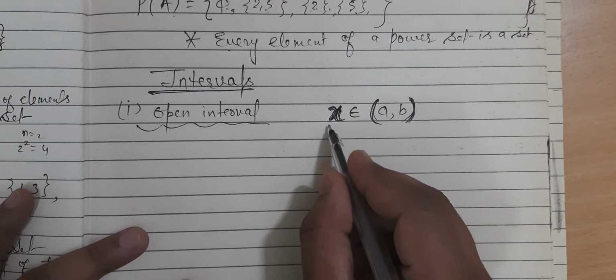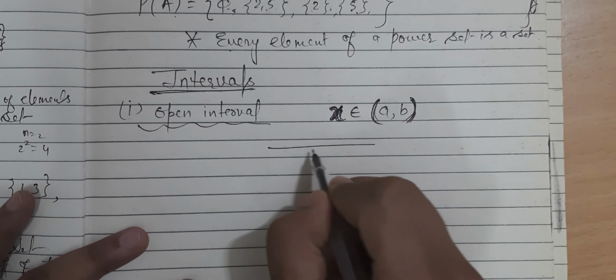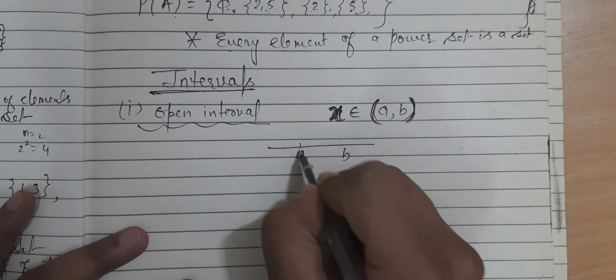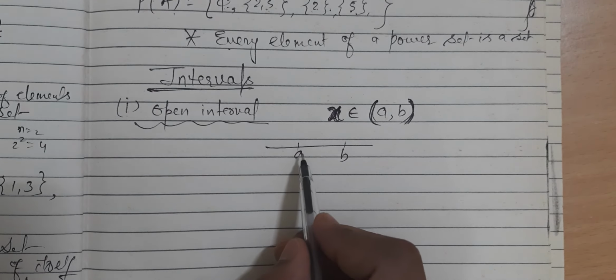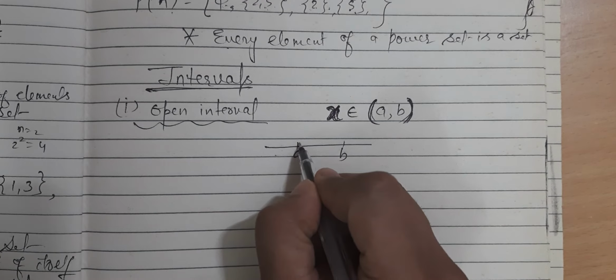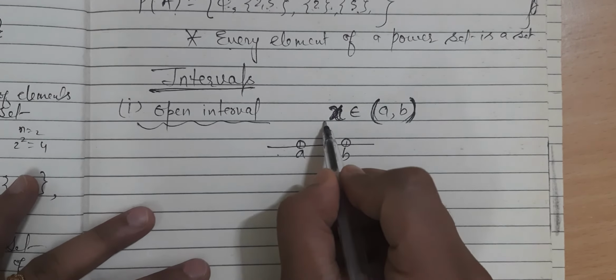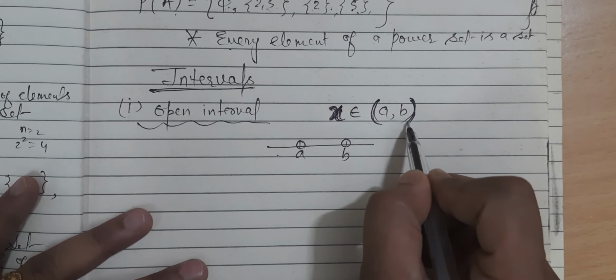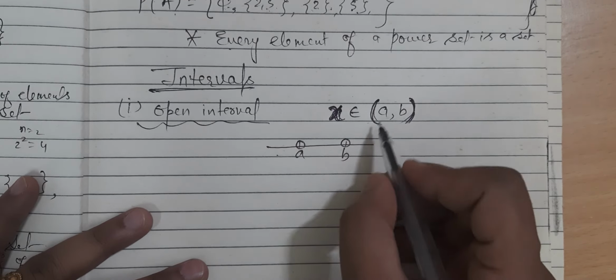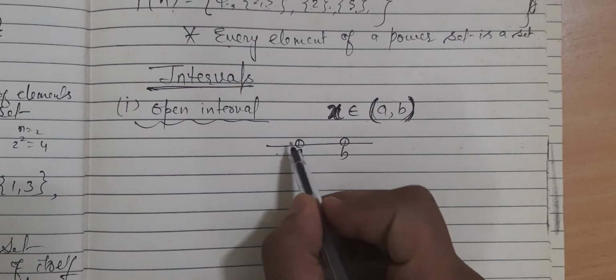It means that if A and B are here, then x lies between A and B, but when we write the values, we will not include A and B. If x belongs to the open interval (A, B), we will exclude these extreme values.